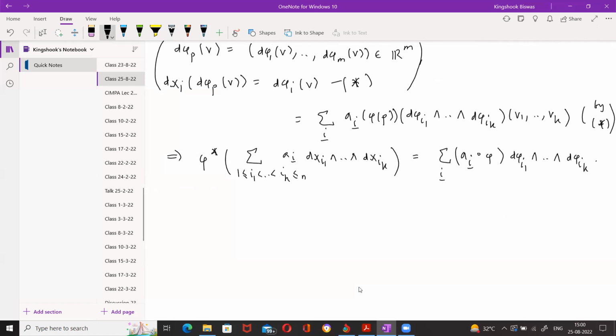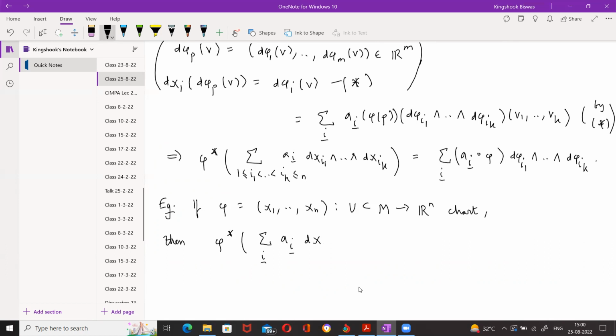Okay, so in particular, for example, if phi is equal to a chart x1 to xn from U in M to Rn, then phi star of a K form in Rn, sum over I bar A_I bar dx I bar, this will be equal to sum over I bar A_I bar composed with phi into, so these phi i's are just going to be xi's here.